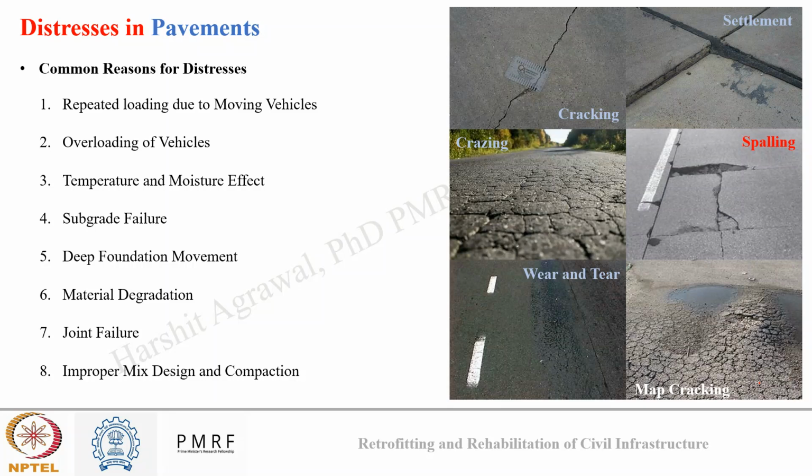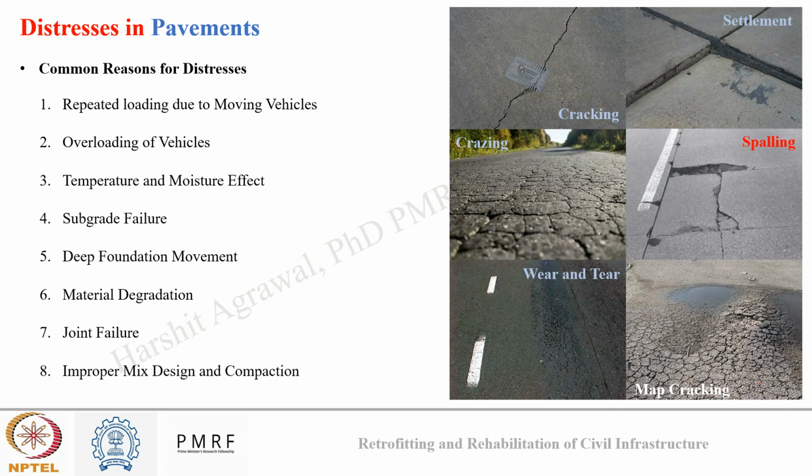Fourth is subgrade failure, which lowers the strength of pavement, more importantly in bituminous pavement, and in turn reduces the ultimate strength of the pavement. Fifth is foundation movement, which can generate differential stresses and settlement in the pavement.